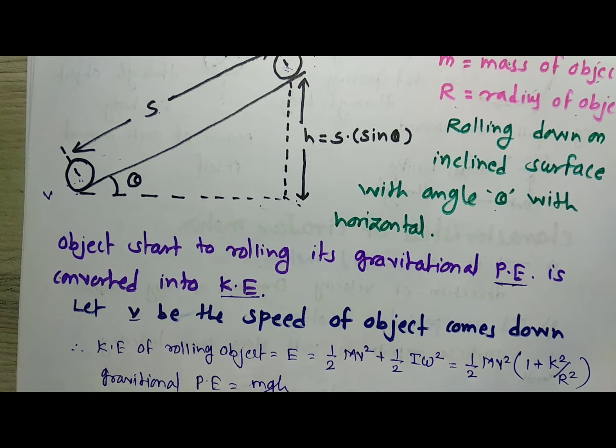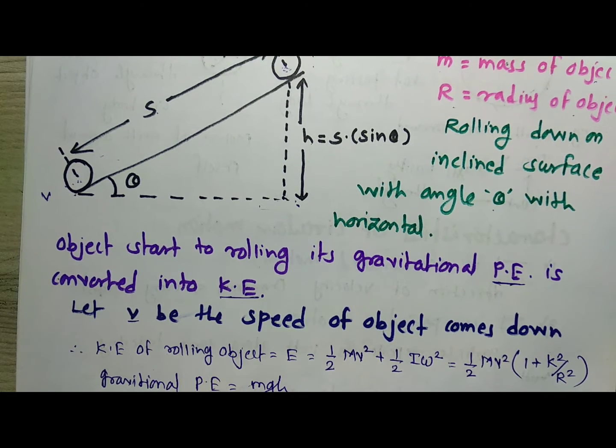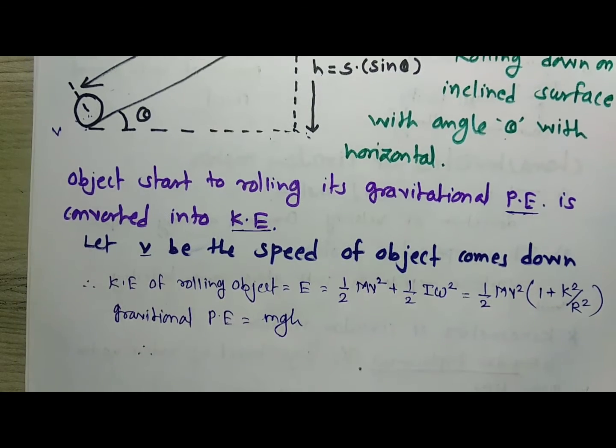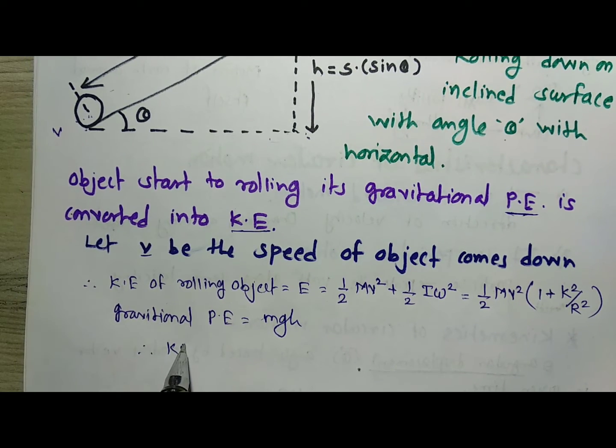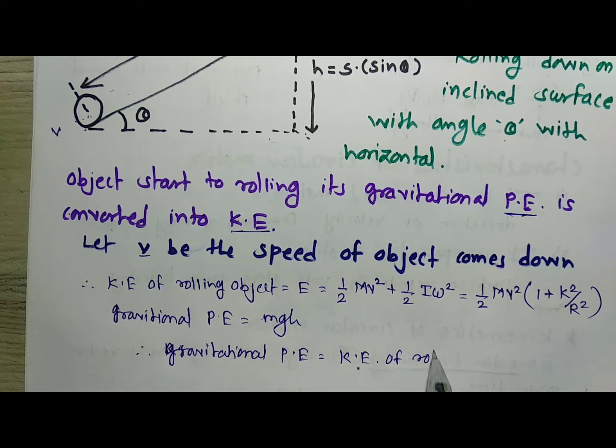This mgh, the gravitational potential energy, is converted into kinetic energy, so gravitational potential energy is equal to the kinetic energy of the rolling body.